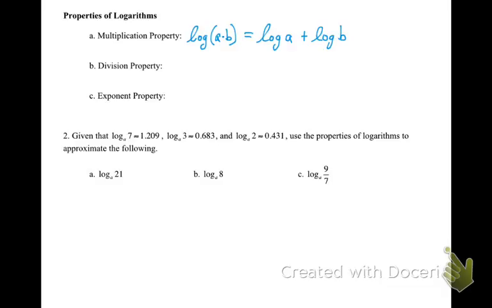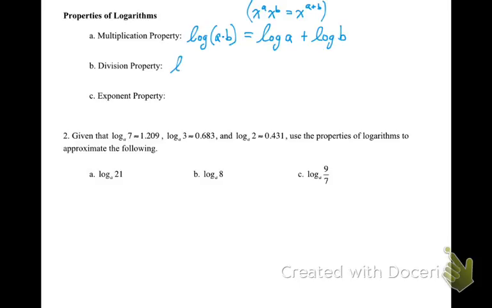Because if you remember what I said yesterday, logs are essentially exponents. And when you multiply the same base together, say x to the a times x to the b, that gives you x to the a plus b. So when you're multiplying two things within a log, you separate it into a sum of two logs.